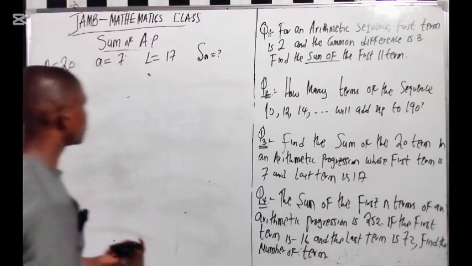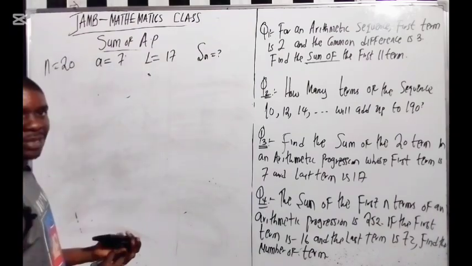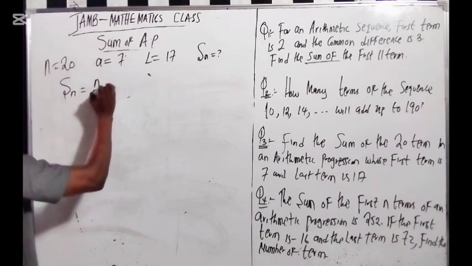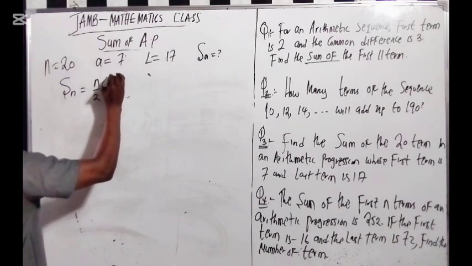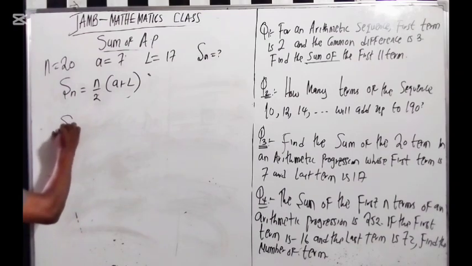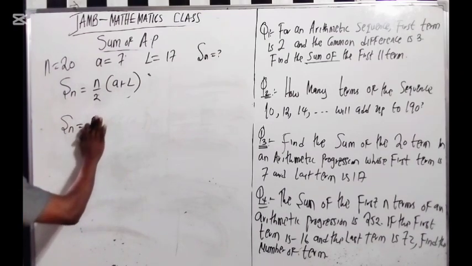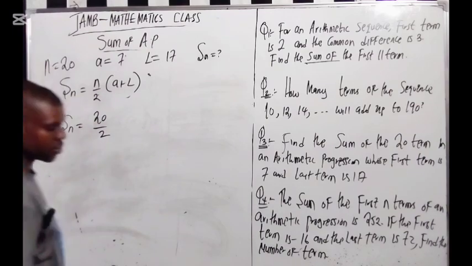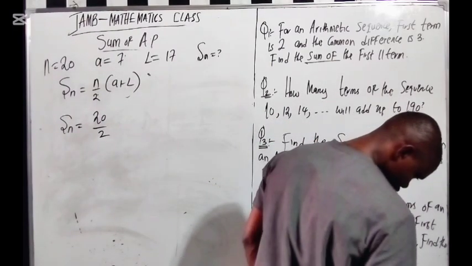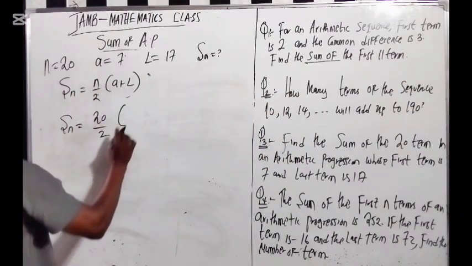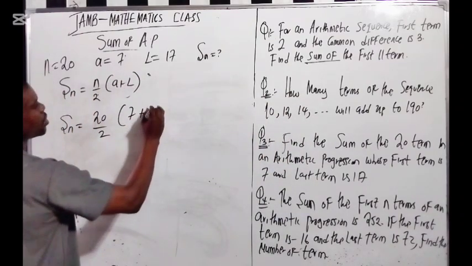Now what is the formula for the sum of an AP when the first term and last term are given? We have S_n equals n over 2 times (a plus L). So here S_n equals 20 over 2 times (7 plus 17).